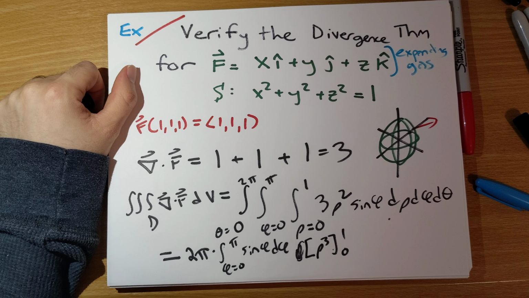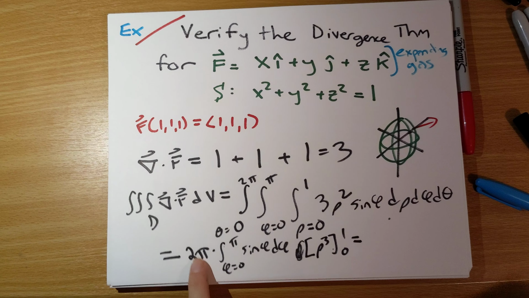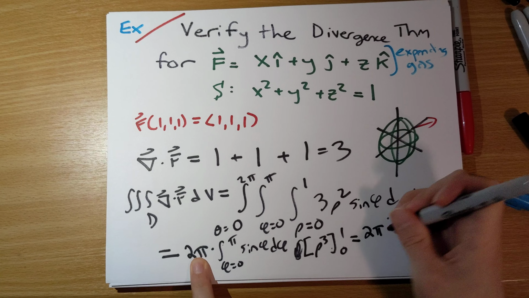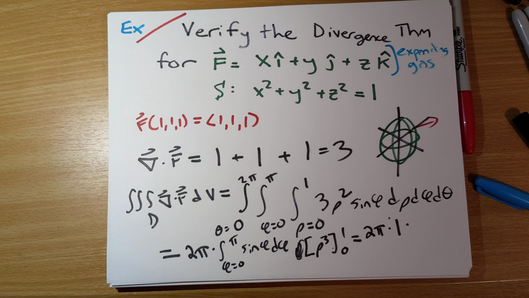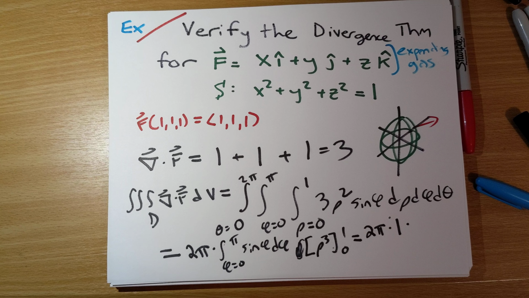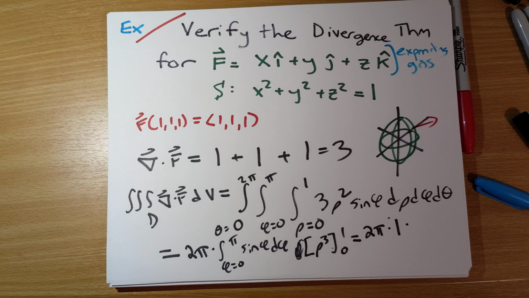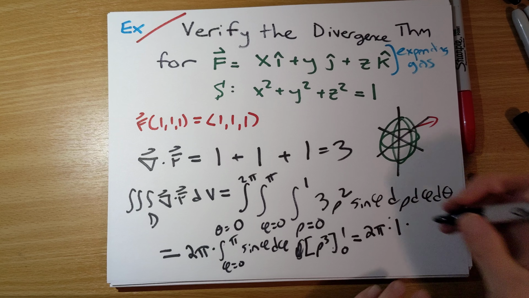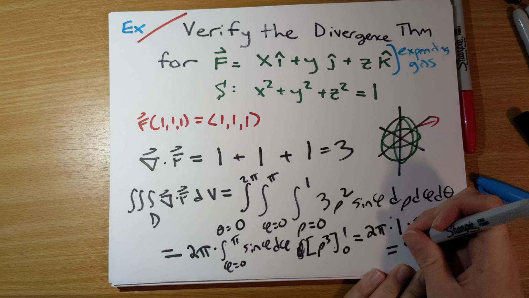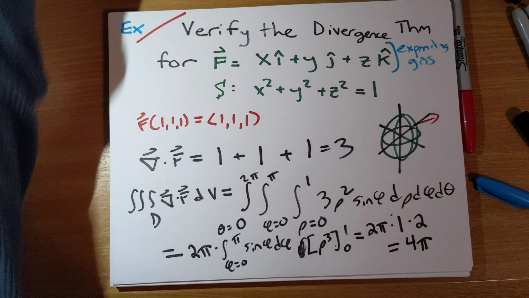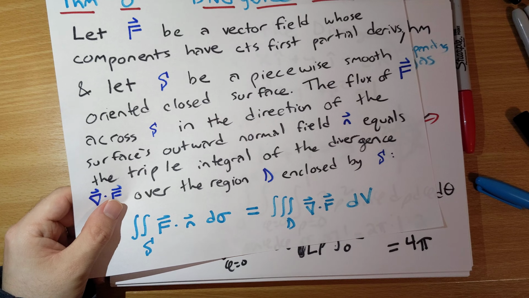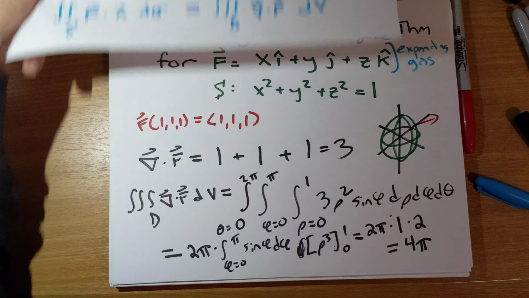Plug in rho runs from 0 to 1. So this will give us 2 pi times 1. And then the integral of sine phi from phi equals 0 to pi is going to be 2. And so we end up here with 4 pi as our answer on the right side of the divergence theorem.